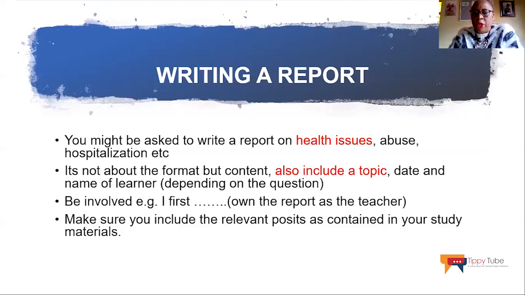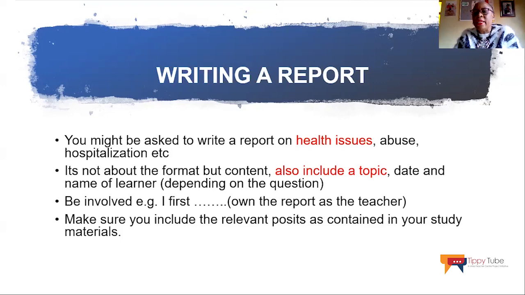When you're writing a report, you might be asked to write a report on health issues, such as abuse, hospitalization, bullying, etc. It's not about the format of the report, it's about the content. But just make it a little bit live and real.